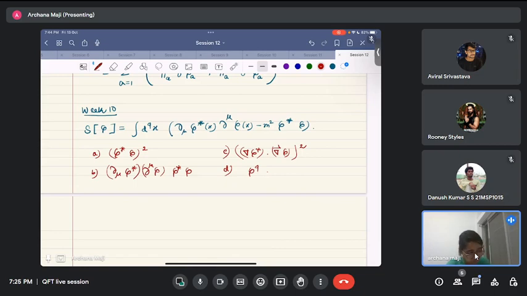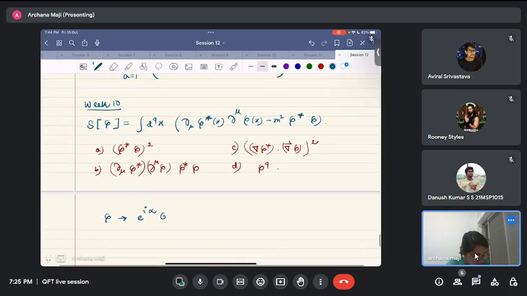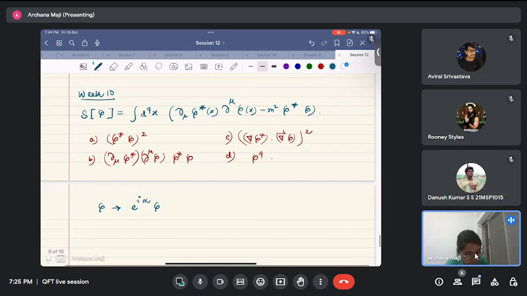You know very well that this phi goes to exponential i alpha phi for some constant alpha. Under this transformation, that action we have written down remains invariant.